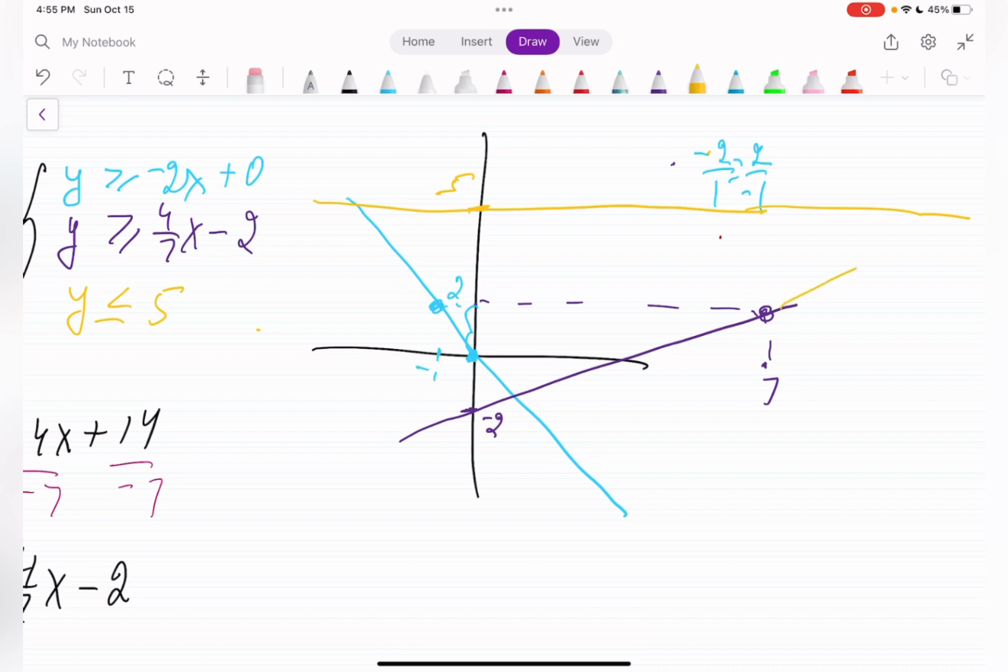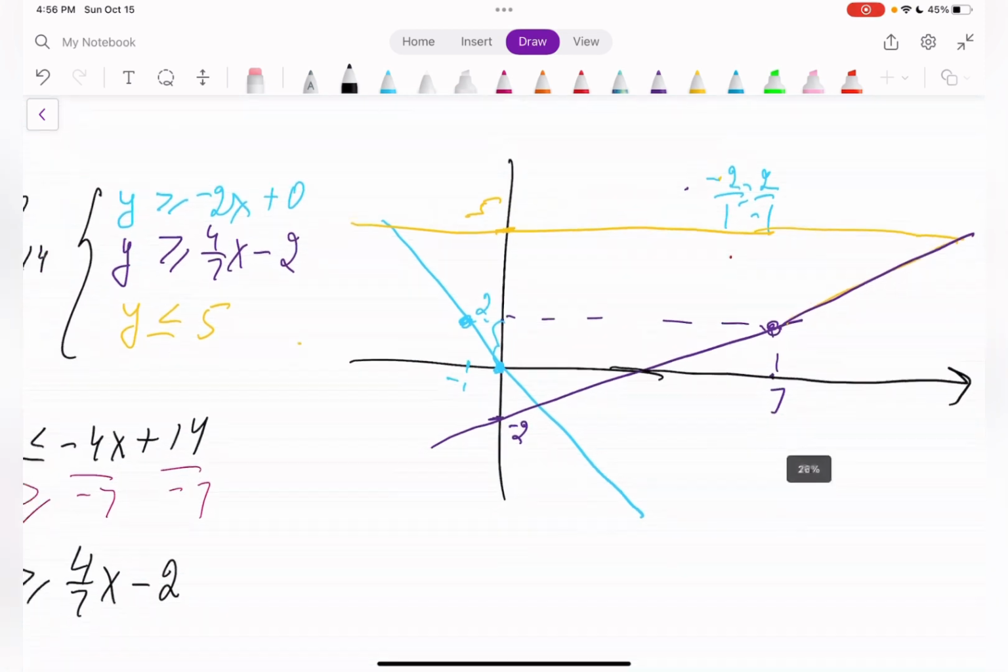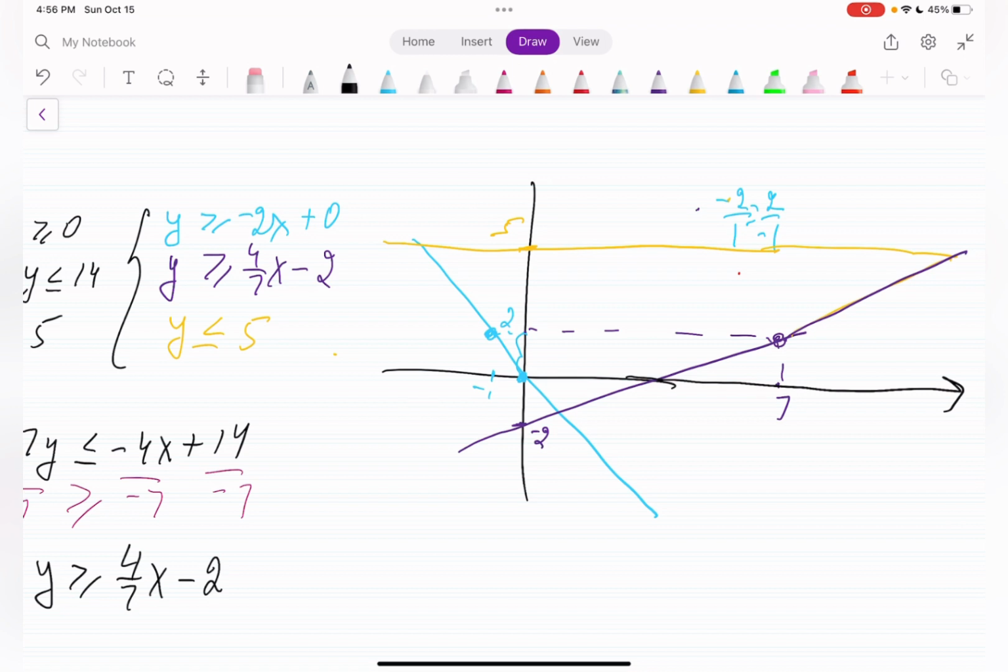And this is coming here. Okay, and this is our graphing line. So usually, remember, the answer is the area that will satisfy every single inequality that's involved in this system.